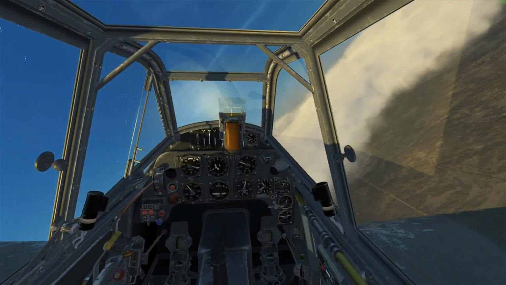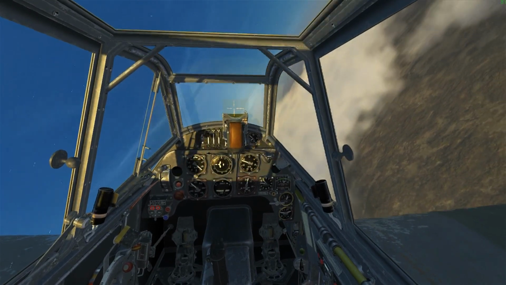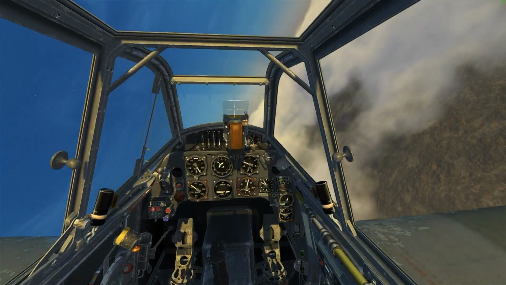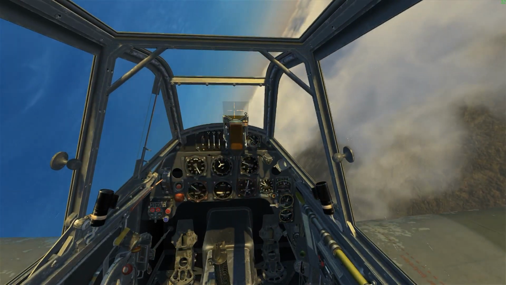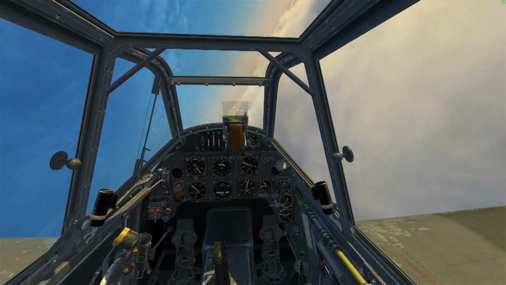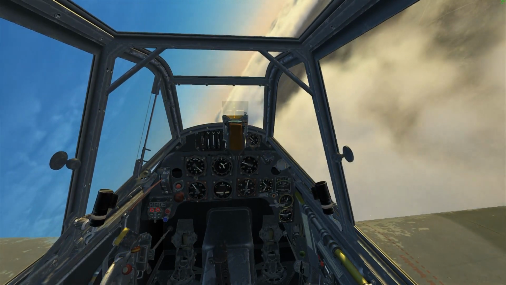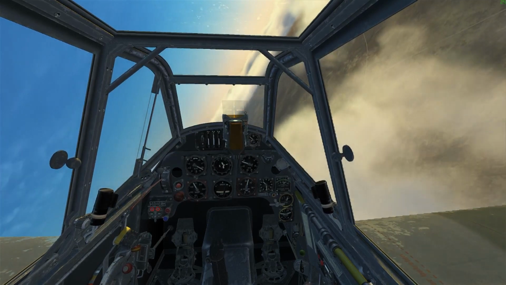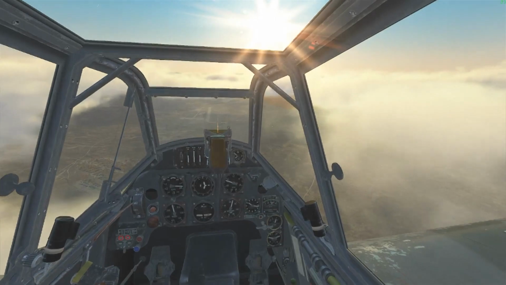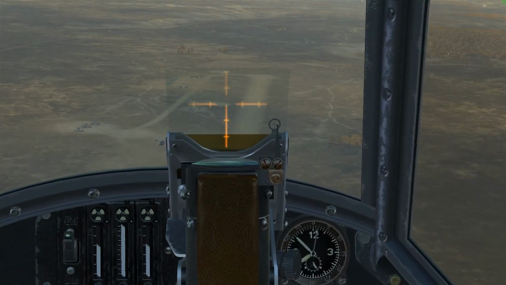Nice right hand turn, gentle turn to 090. Coming through 360, 90 degrees to go. And about 10 degrees before we get there, we roll the wings level. And there, dead ahead, 090 is our target.